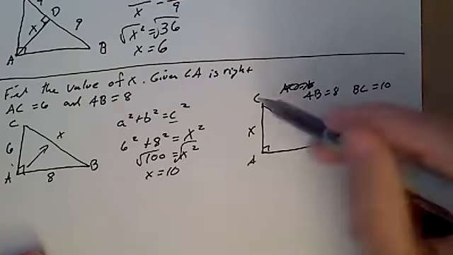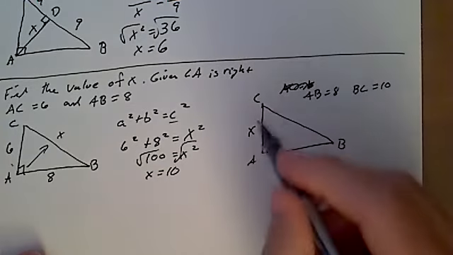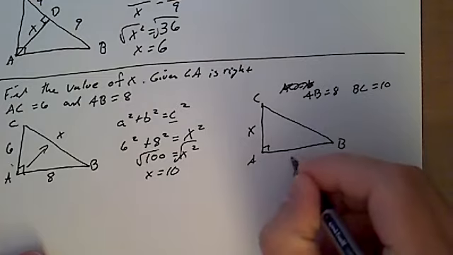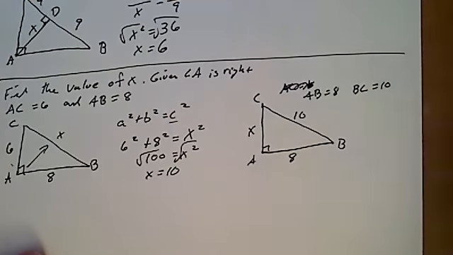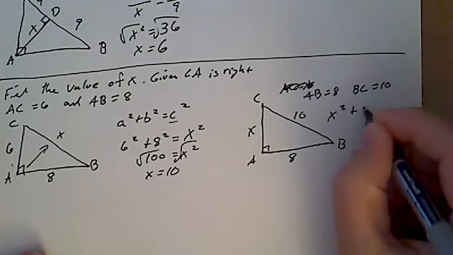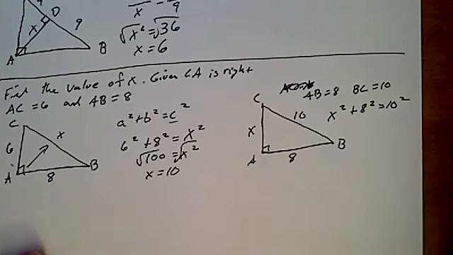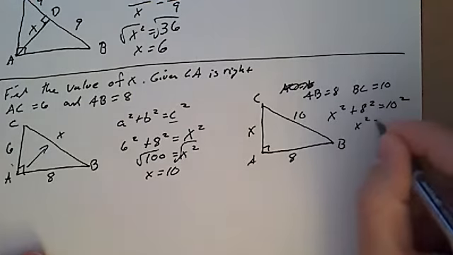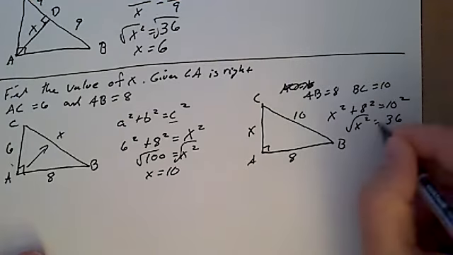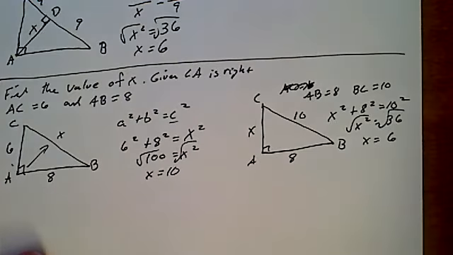So again, it's a right triangle. AC is not the hypotenuse, so it's a little different than the last one. We know that AB is 8 and the hypotenuse is 10. So we set it up as x squared plus 8 squared equals 10 squared. 10 squared is 100, minus 64 is 36, and we get x is 6.